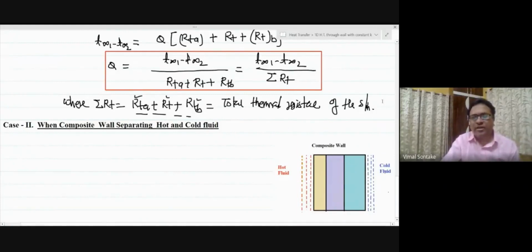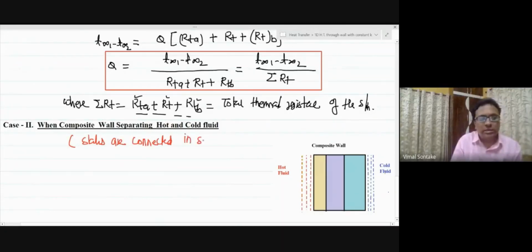And for the sake of analysis, I am considering all the slabs are connected in series. Even if the slabs are connected in parallel, there is no problem. We can do the analysis. But for the sake of analysis, I am considering slabs are connected in series arrangement.